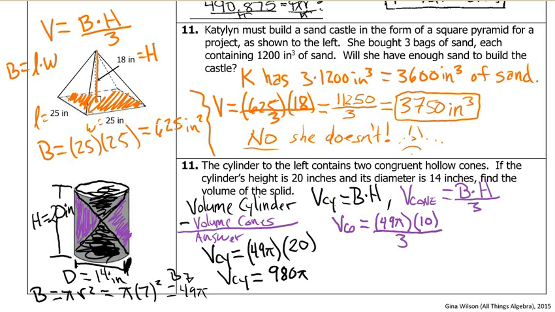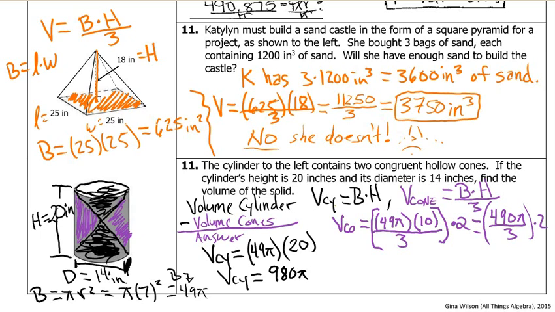Now, I have 2 of these cones, so to make it easier, I could just multiply by 2. So all this times 2, and that will save us a lot of work. What's 10 times 49? 490 pi all over 3. And my 2 is still on the outside.